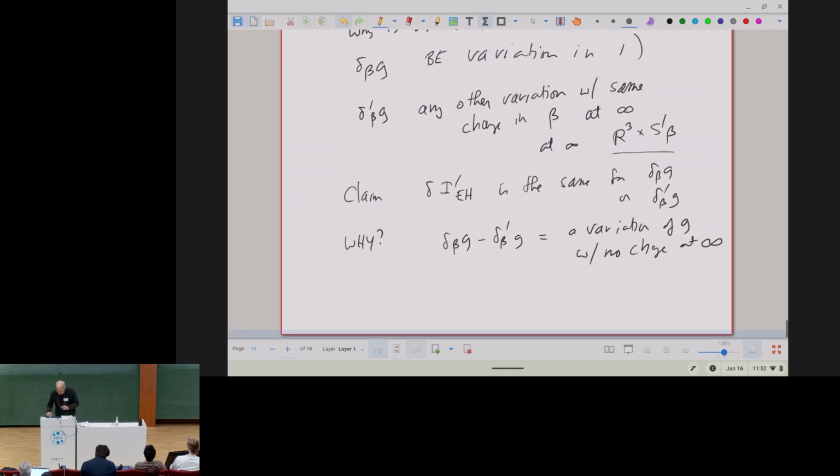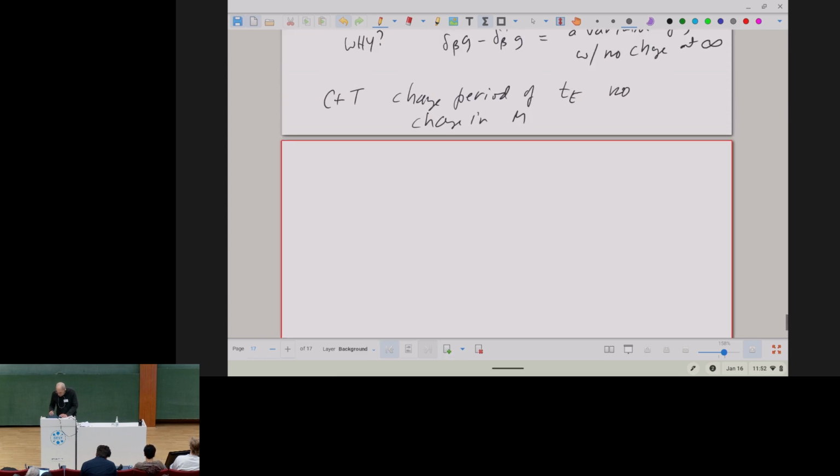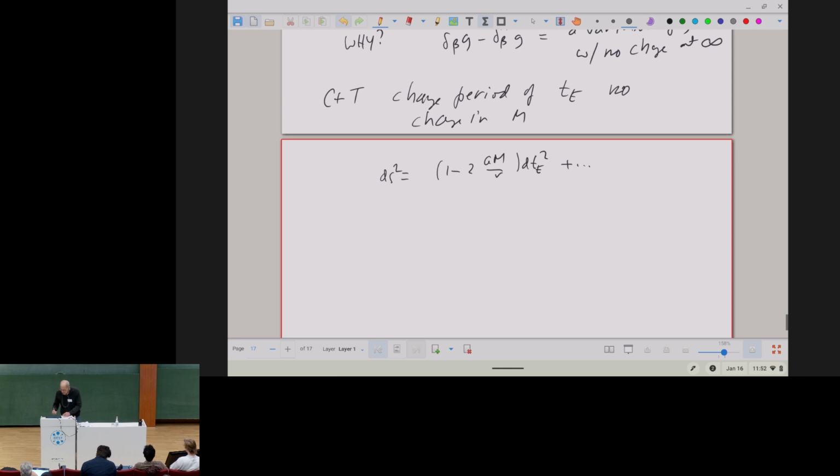So the procedure of Carlip and Teitelboim was just to change the period of TE with no change in the formula. Well, no change in M. In other words, the metric is given by exactly the same formula. And the only difference is that TE has a period that's going to be beta, not necessarily 8 pi GM.